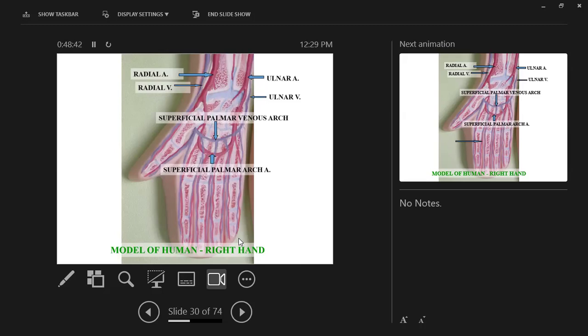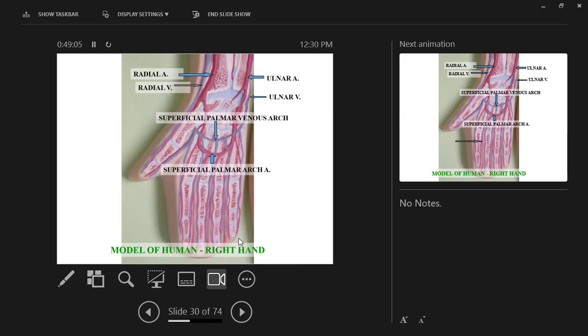So the red ones are always the arteries, the blue ones are always the veins. You notice how now the blood draining the fingers all comes back to this venous arch, and is collected. Blood going to the fingers leaves this arch and goes out into the phalanges.